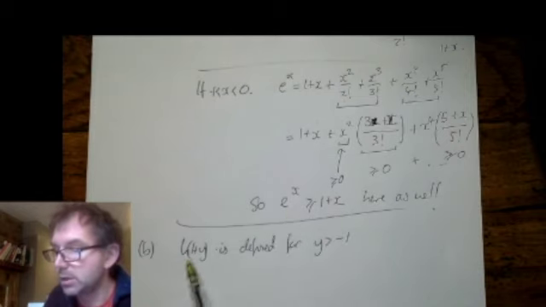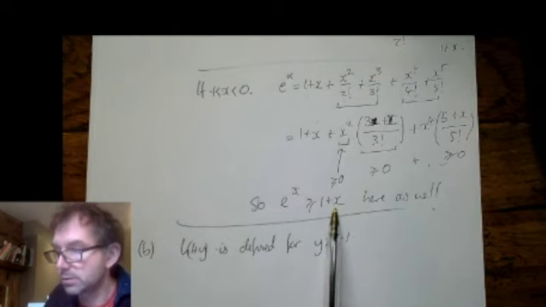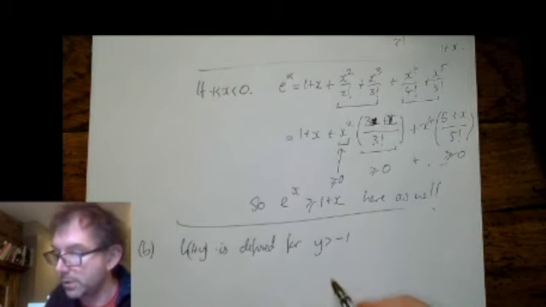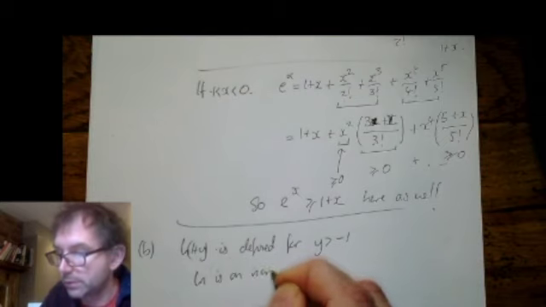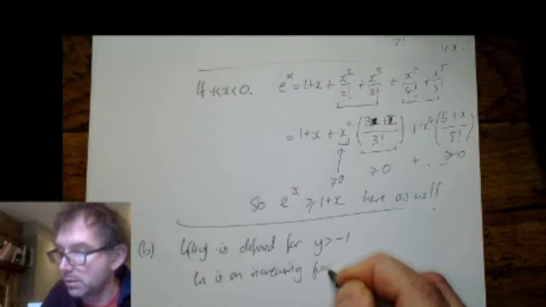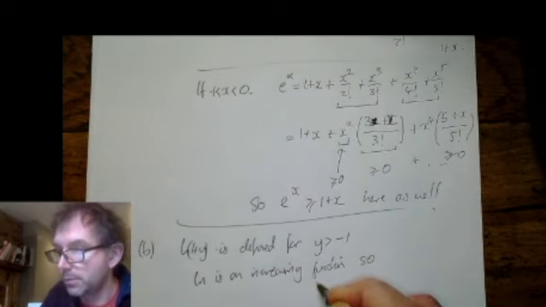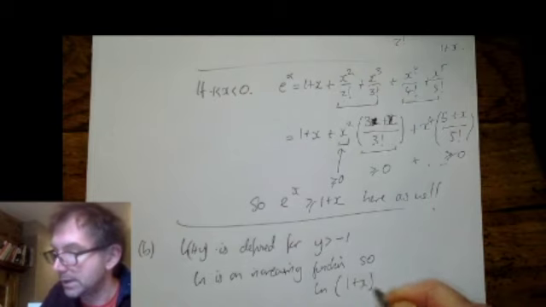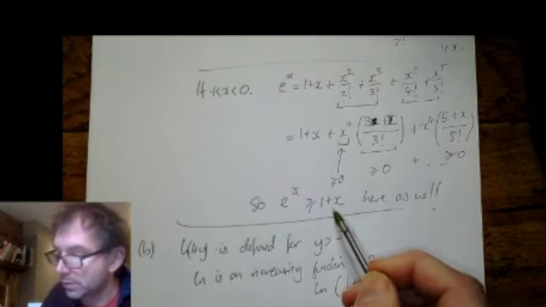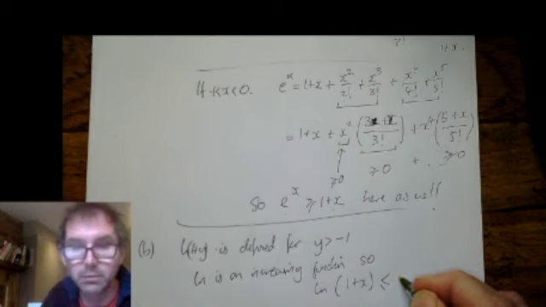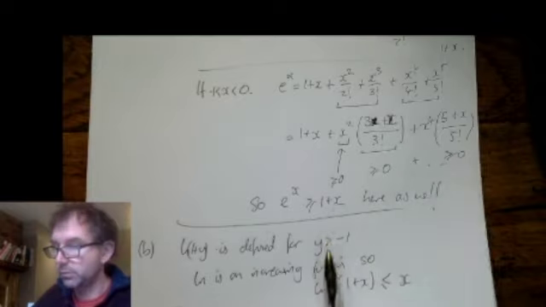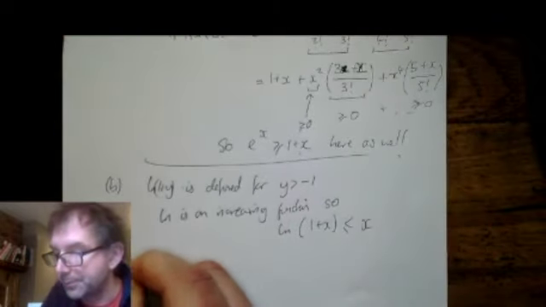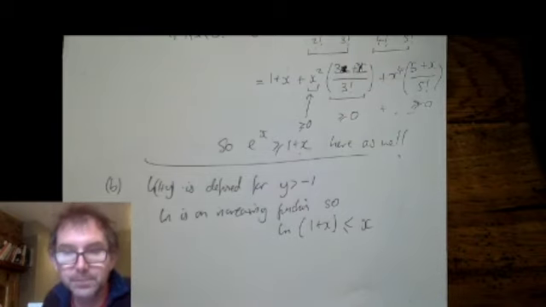So if I apply log to both sides of this expression here, then it's going to keep the direction of the arrows. So log is an increasing function. So log of 1 plus x, just taking the log of that, is going to be less than or equal to x. And we've just written the same thing but with x instead of y.